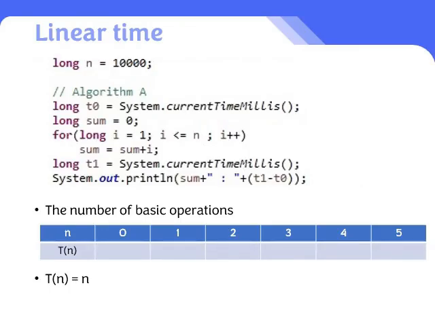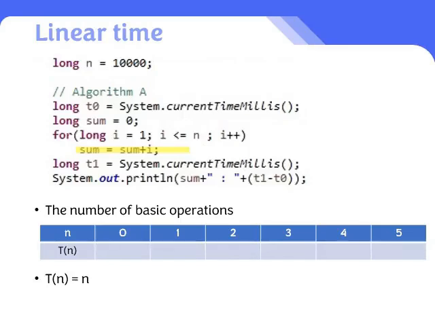Now, let's move on to algorithm A. What's the basic operation of algorithm A? It's this one among these. Sum is updated by adding i to the current sum. So, if you look at this, how many times does it run? When n is 0, the body of the for loop doesn't execute, so that's 0 times.